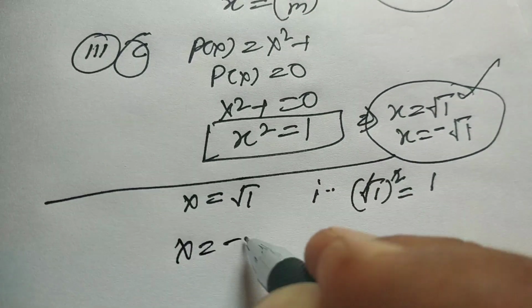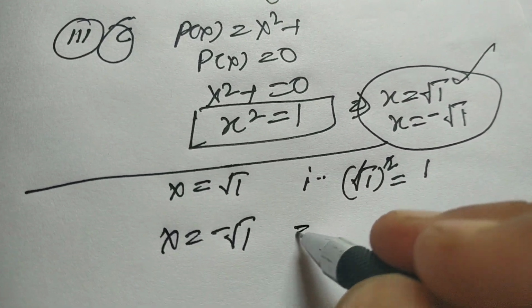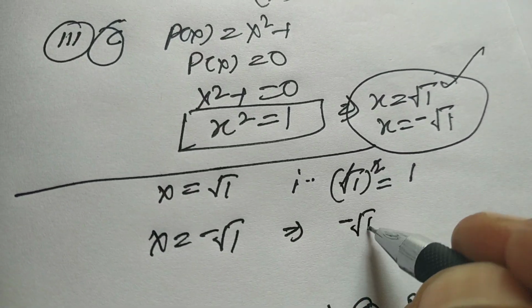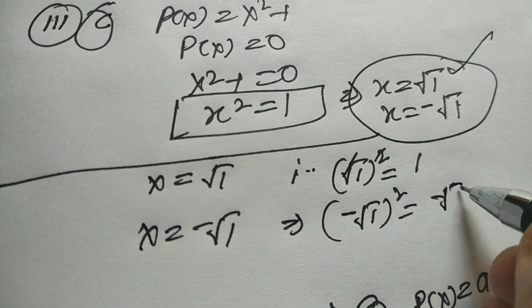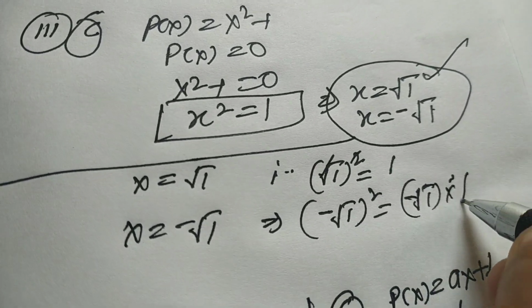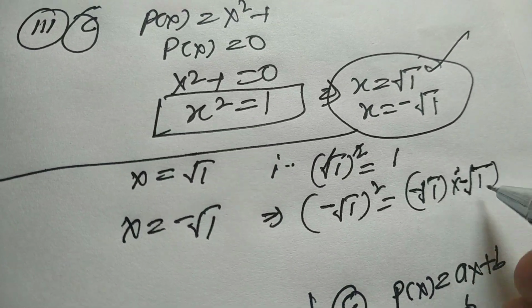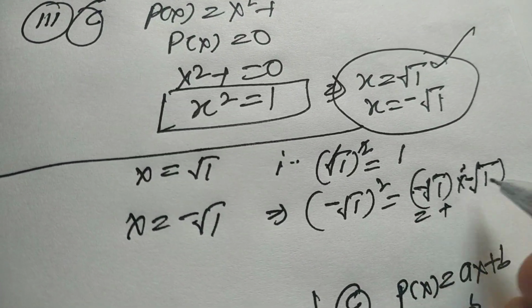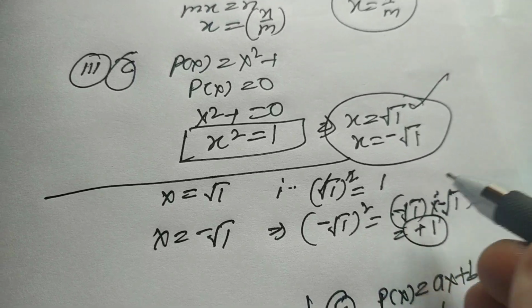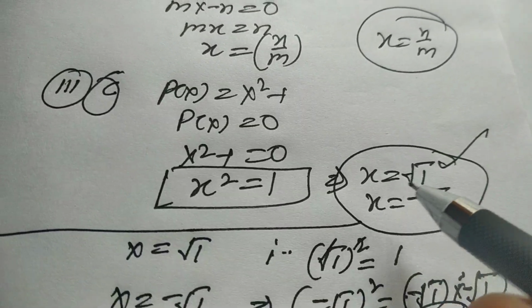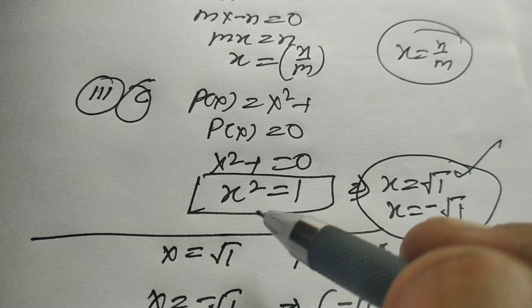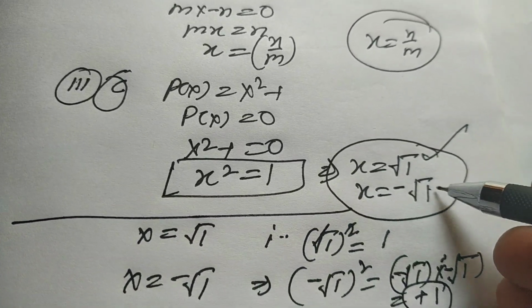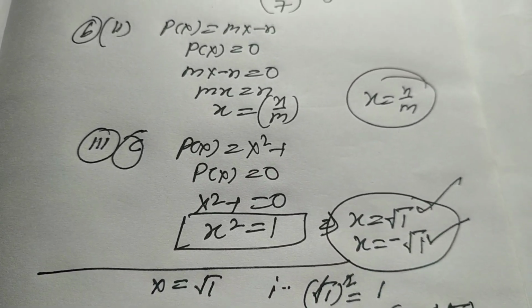If I put x is equal to minus root 1, so this implies that minus root 1 whole square is equal to minus root 1 into minus root 1, minus into minus is plus, root 1 into root 1. This is 1. In both cases, if I put x is equal to root 1, that is 1. If I put x is equal to minus root 1, that is also equal to 1. So there are two roots of this polynomial.